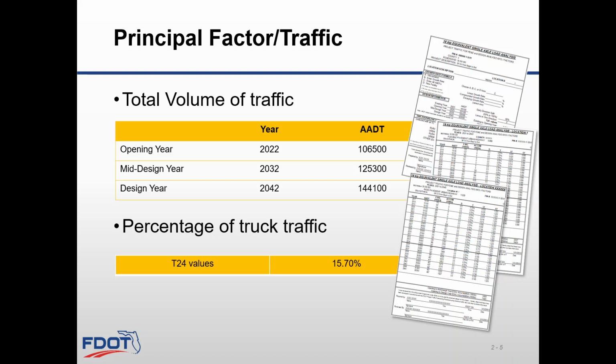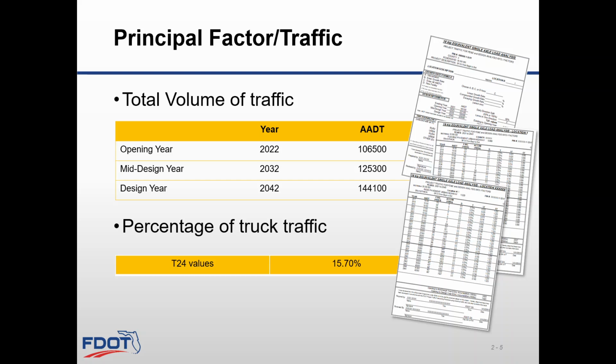Obtained from the Traffic Planning Office, the traffic data needed for the design life includes the opening year ADTs and the design year ADTs. The data should also include ESAL information for flexible and rigid pavements.